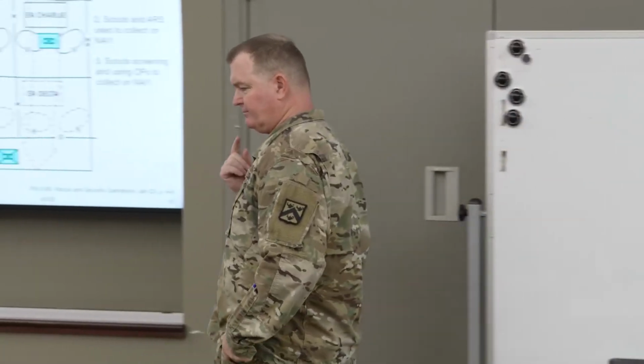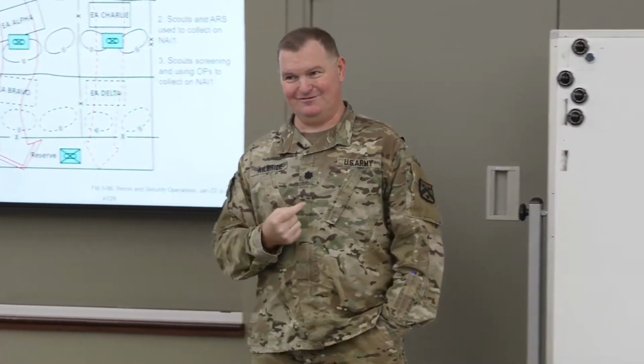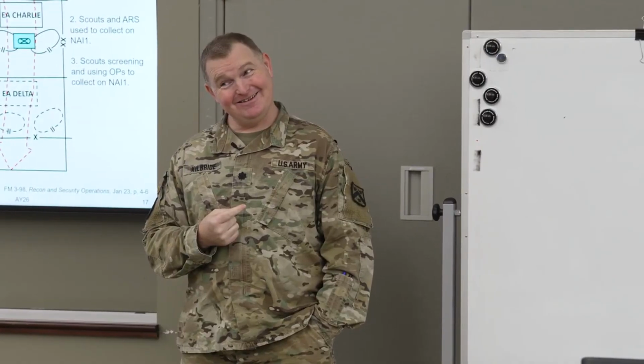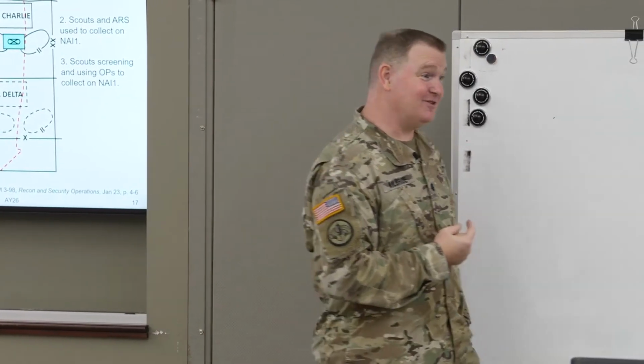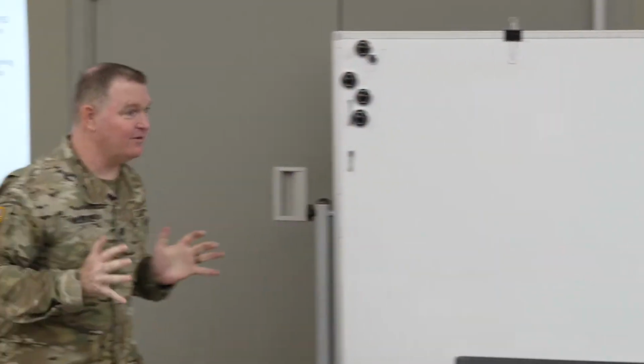Do they answer the PIR for the commander? They can. Should they? No, I mean, these were the kids who were just testing their body armor with a 3-man slingshot before they LD'd, right, to see if it worked. So should we trust them with that? I'm not kidding.